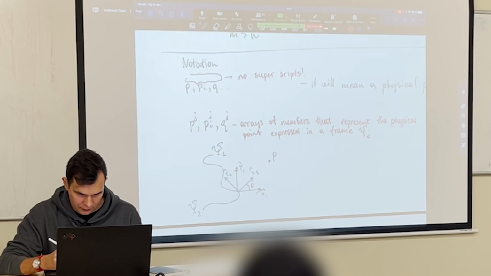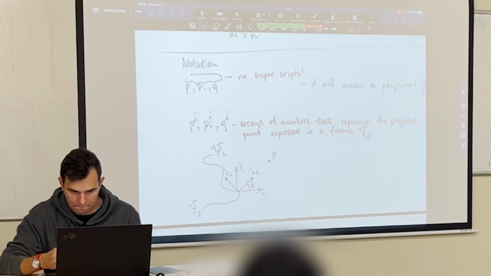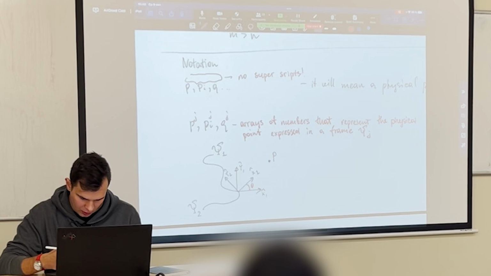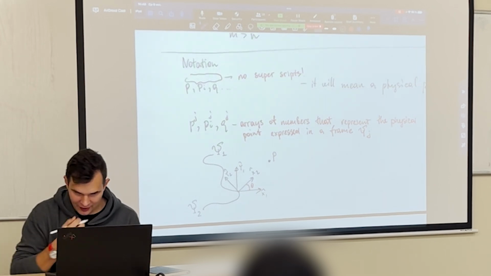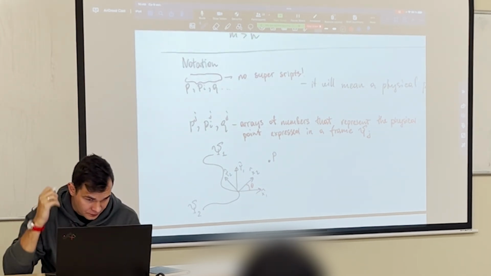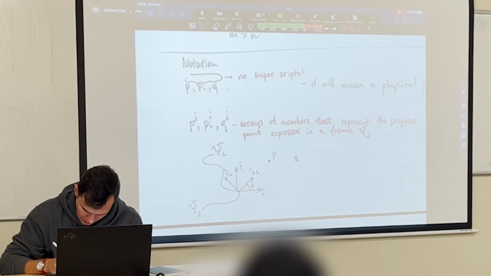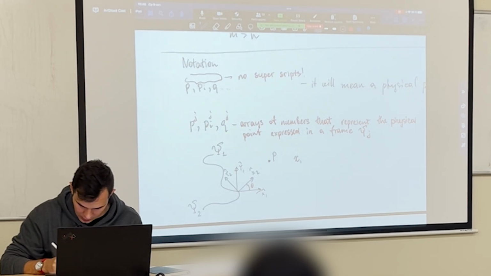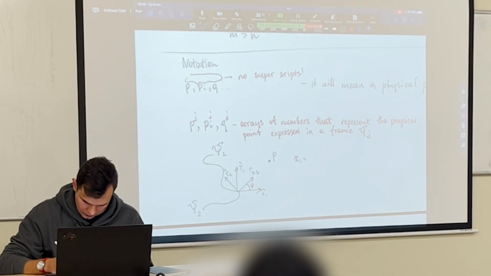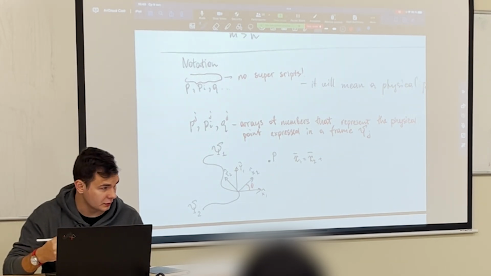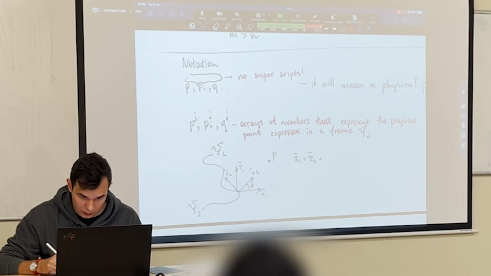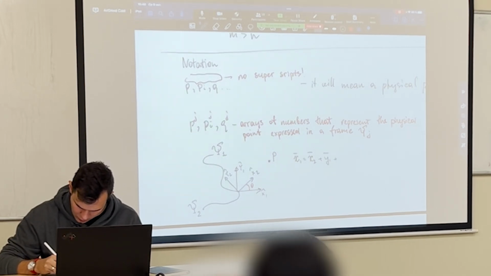You can write the following. The intuition: you can do a projection and you can write down something like this, that x1 equal to x2 plus, this bar means that it's a vector, y1 plus y2.